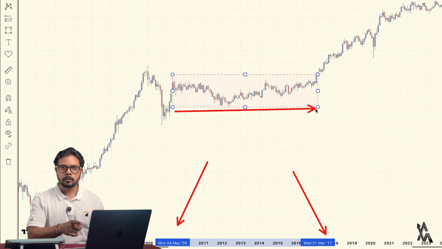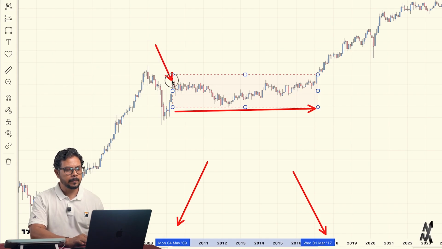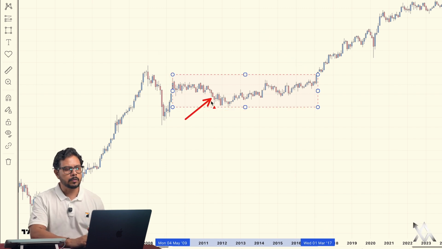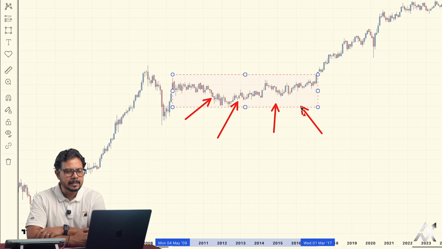And the stock, do you see, has it gone anywhere? If you had entered on this date and taken a look at the stock after 7-8 years, you would have been frustrated. I clearly remember this period of underperformance from Reliance led to many institutions underweighting them. They used to reduce their holding in the company.